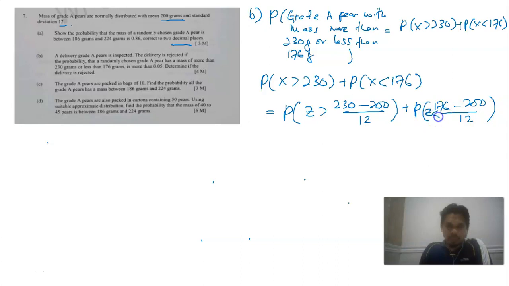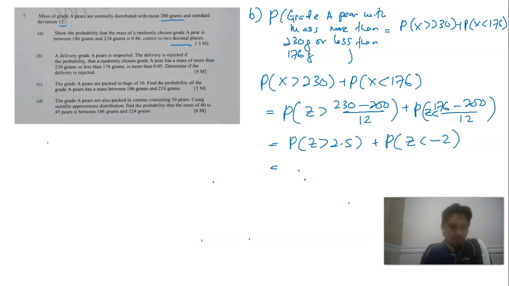So the total gives you the probability of Z greater than 2.5 plus the probability of Z less than negative 2.